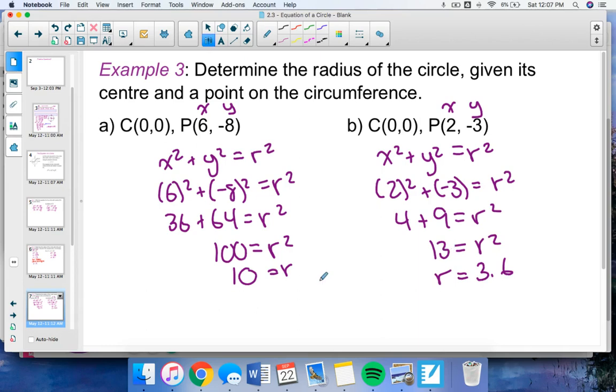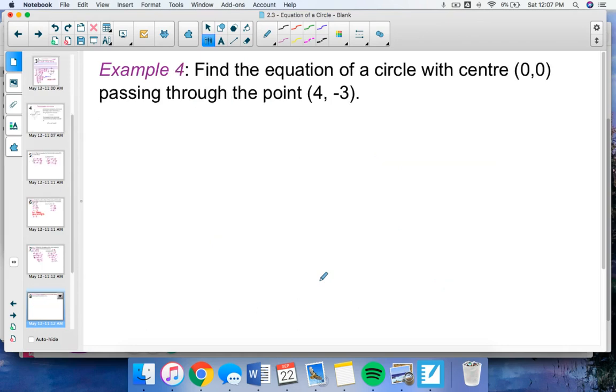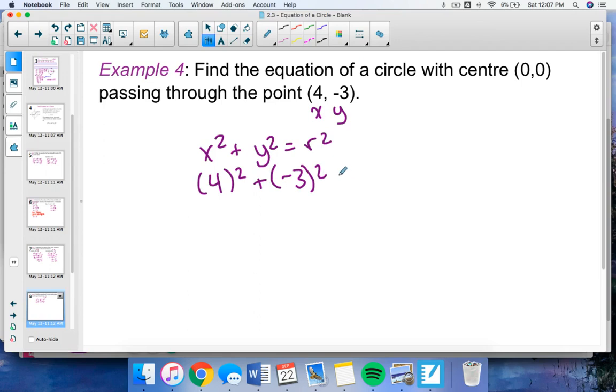Now, example 4. Find the equation of the circle with center 0, 0, passing through the point 4, 3. This is almost kind of similar to the last one. We do need to find our radius. So x squared plus y squared equals r squared. Sub in the values we know. Evaluate them. So 25 equals r squared.